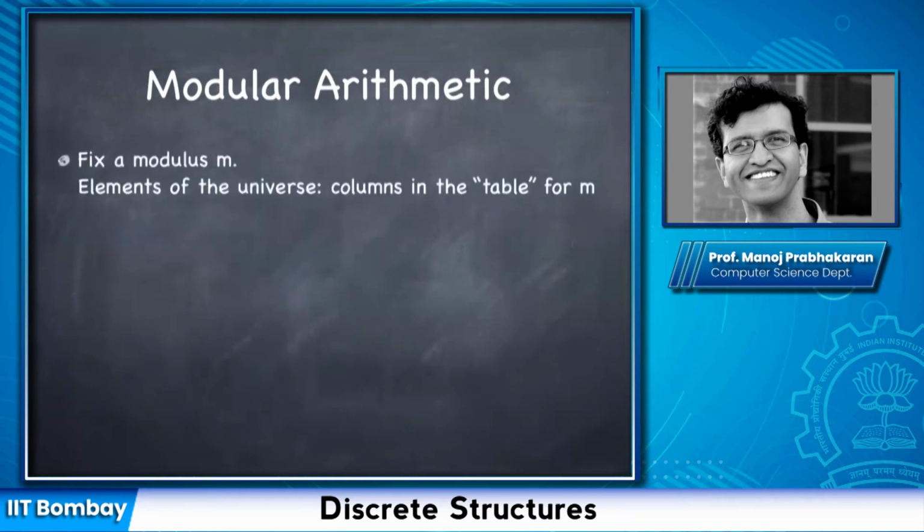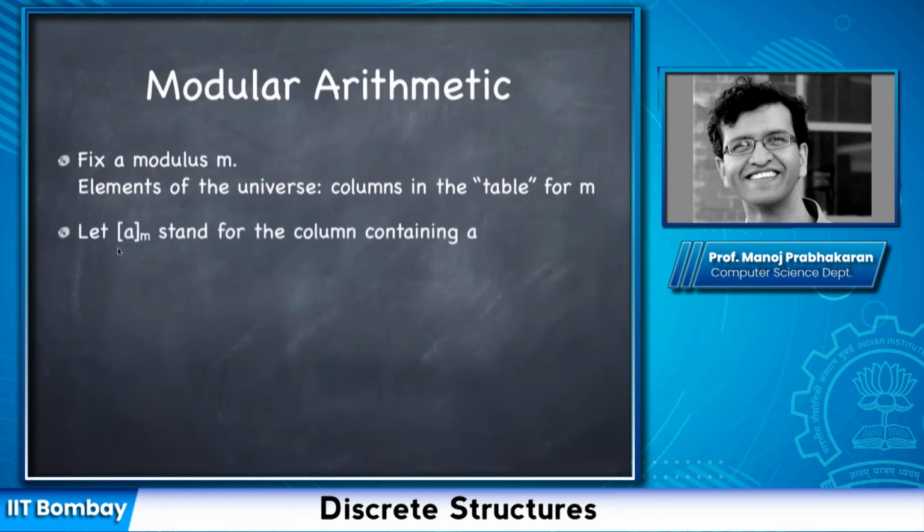So fix some modulus m. So fix a table. The table starts off by listing, say the leftmost column is remainder 0, all the way to the rightmost column, which is remainder m minus 1. So the elements of the universe that I'm going to use for modular arithmetic are these columns, right?